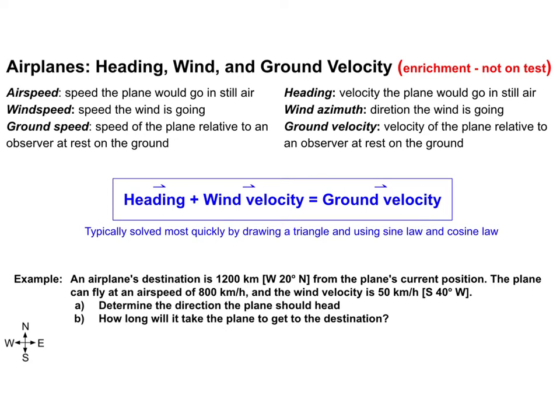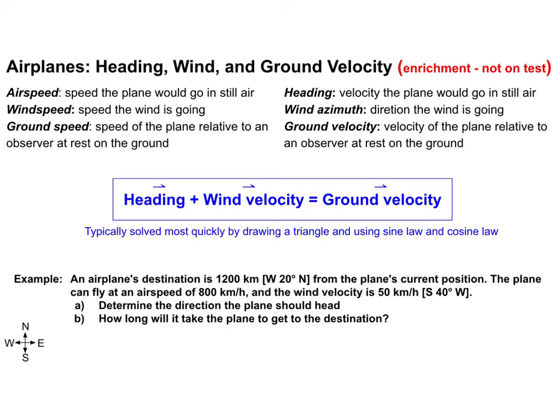So that's going to move the air, which is going to affect the airplane's motion. And then the ground speed. So the ground speed is the speed of the plane relative to an observer at rest on the ground. So people in the control towers monitoring all those planes, they're going to see the ground speed of all these planes. And that's going to be some combination of the airspeed and the wind speed. But then we're probably more interested in the velocity side of things because we care a lot about the direction that these planes are going.